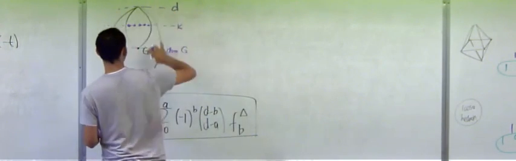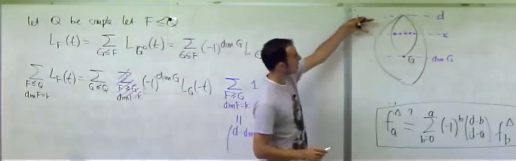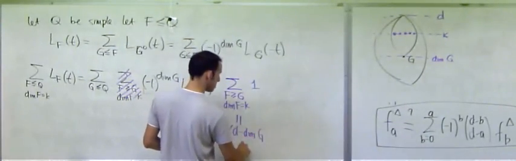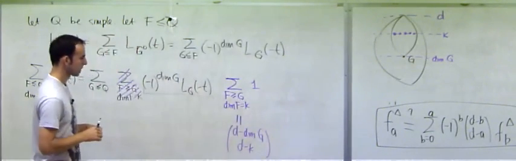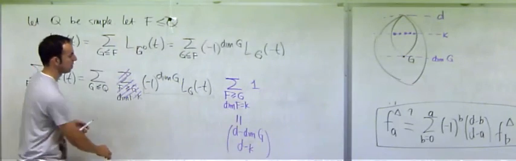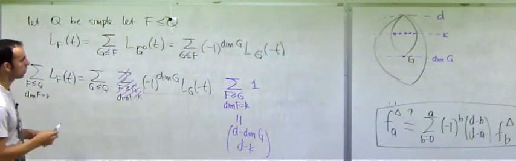Out of the d minus dimension of G things, I'm taking level d minus k. Okay, because this thing is Boolean.